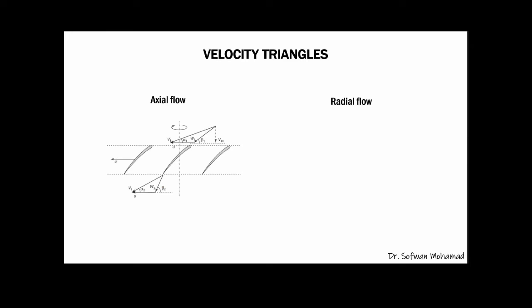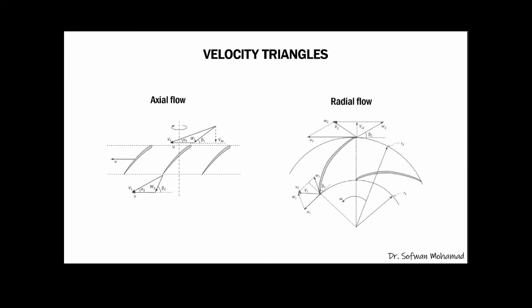This is the velocity triangle for the axial flow reaction turbine, and this is for the radial flow reaction turbine. As you can see, it is pretty similar to what we discussed in steam turbines, especially for axial flow.